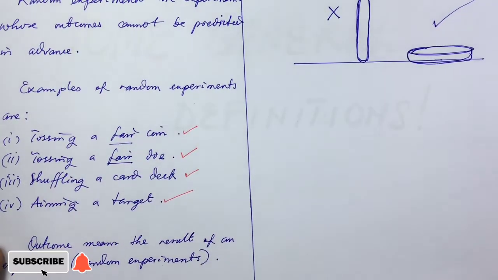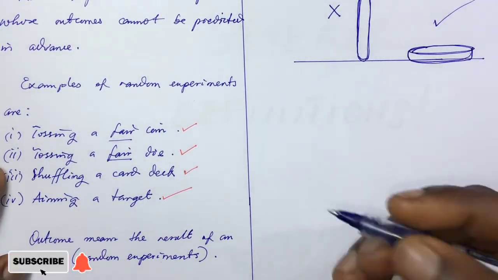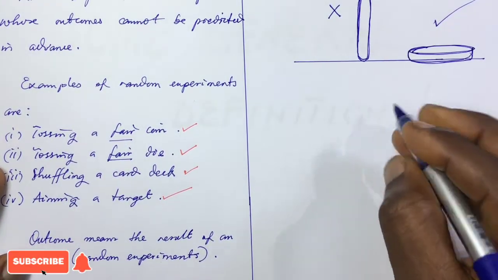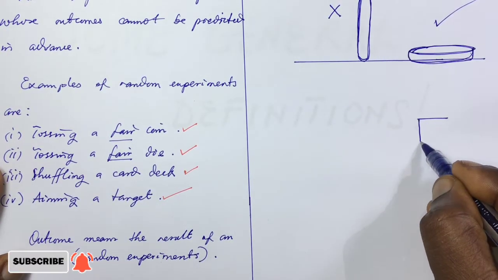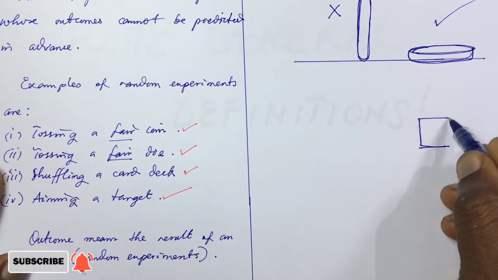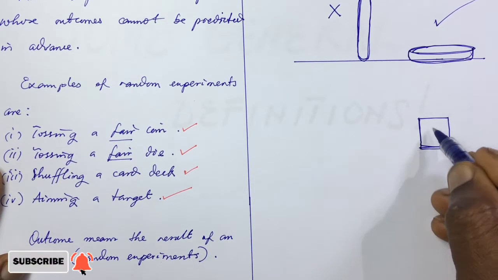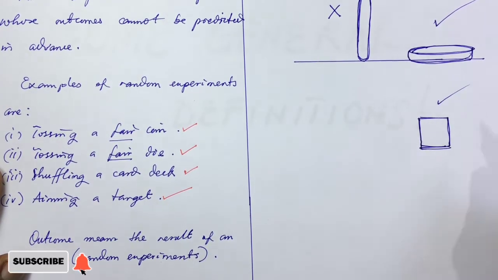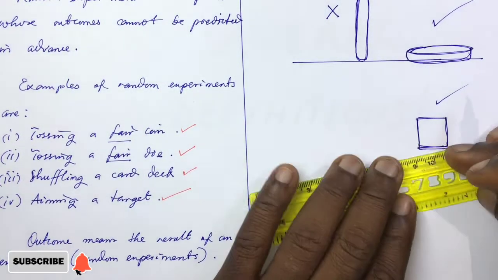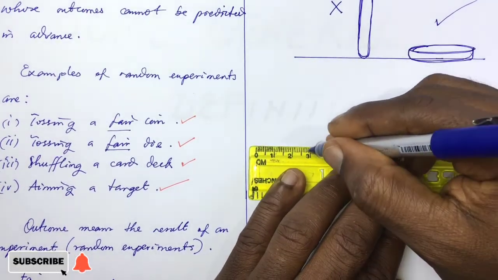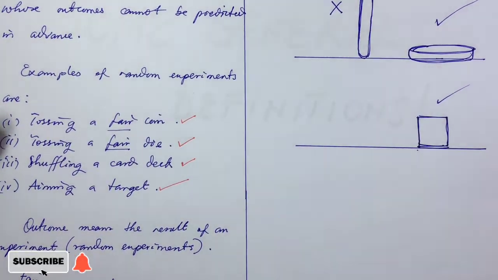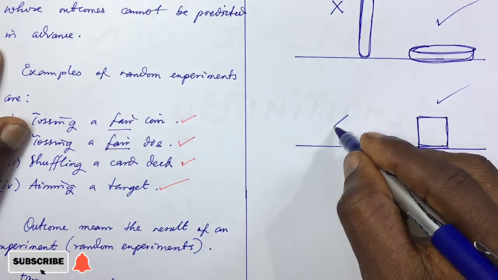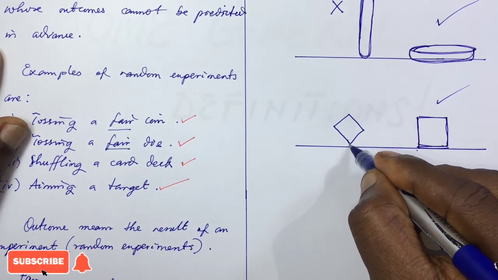Now you also heard me say fair die, and I must clarify. A fair die is also a die that can land on any of its base but never on the vertex or the tip. So this is a fair die. We are referring to a die that can land on any of its base, but never on the tip. So this is not a fair die.